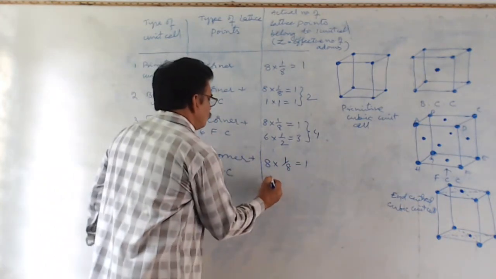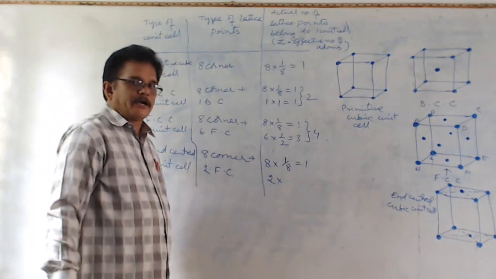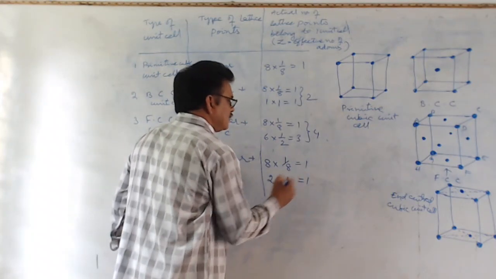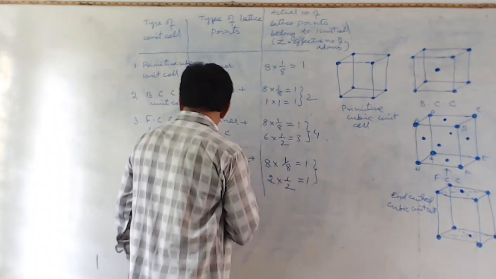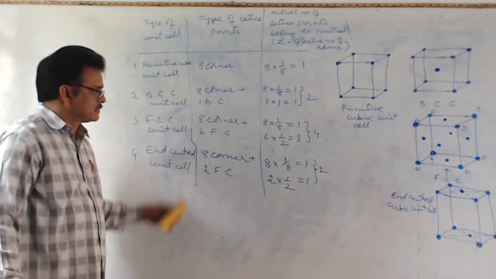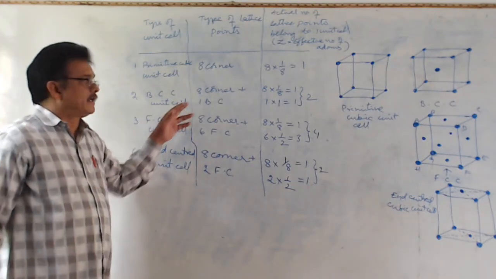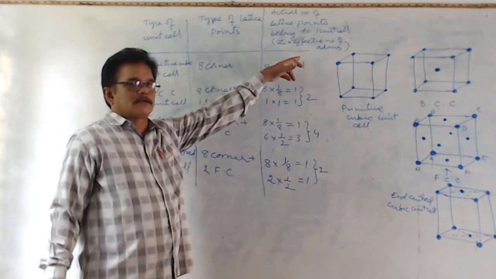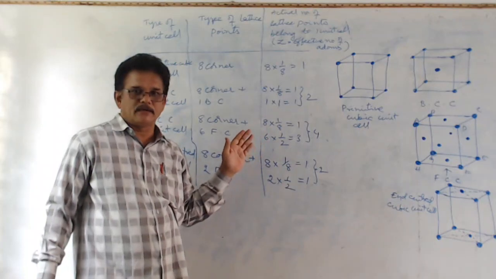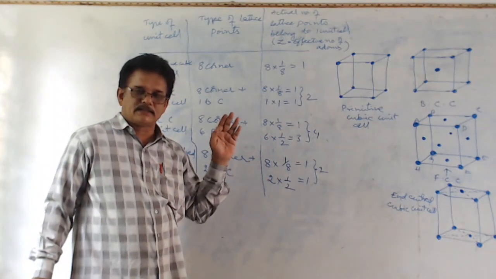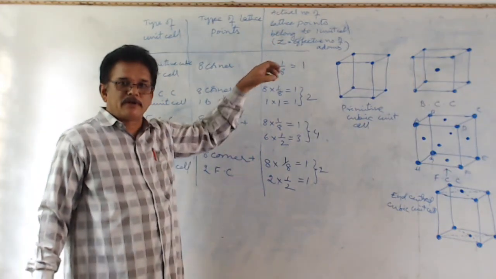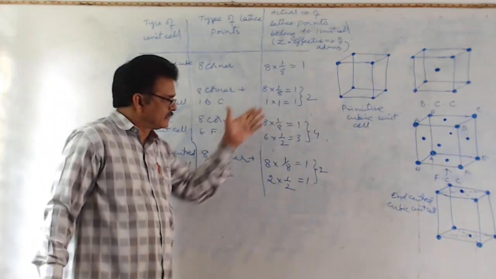And 2 face centered points are there, the contribution of each is half, so 2 into half is 1. So the Z value for the end centered cubic unit cell is 2. This is the calculation of the Z value, the effective number of atoms that belong to these 4 types of unit cells. We discussed the types of unit cells, types of lattice points, and the actual number of lattice points that belong to one unit cell of different types.